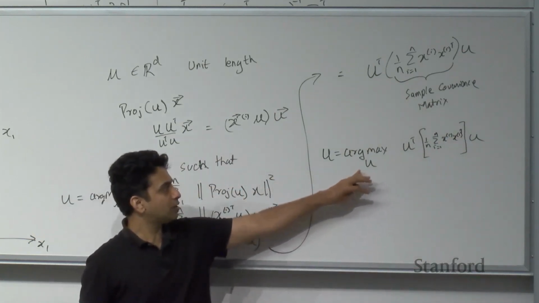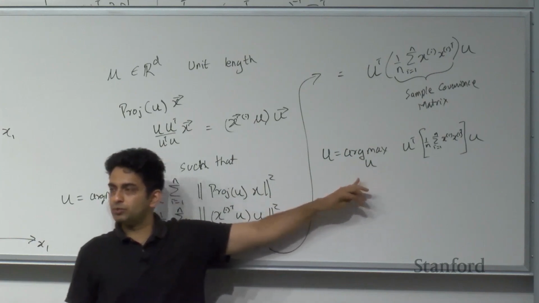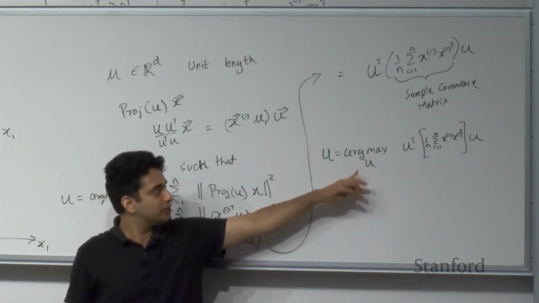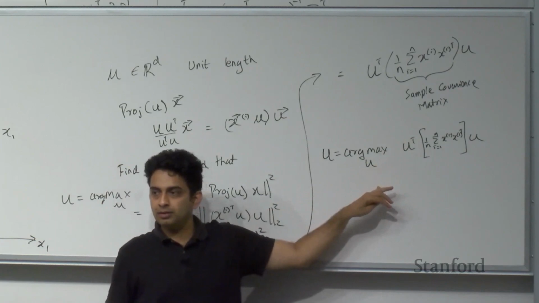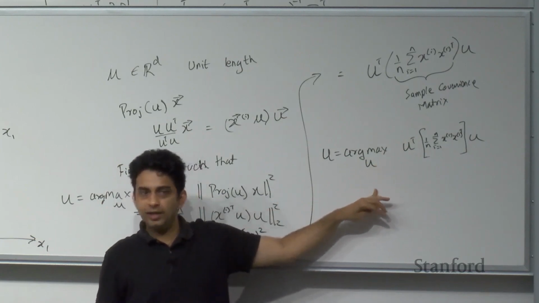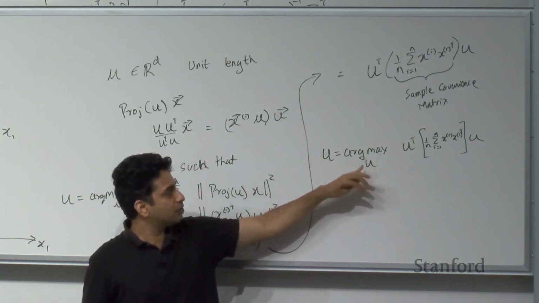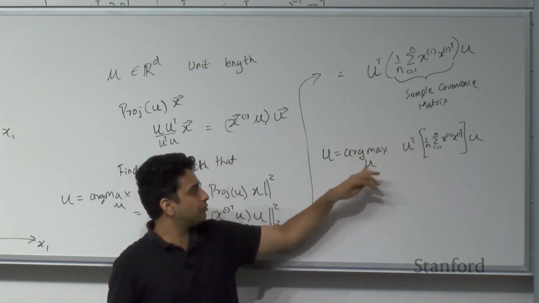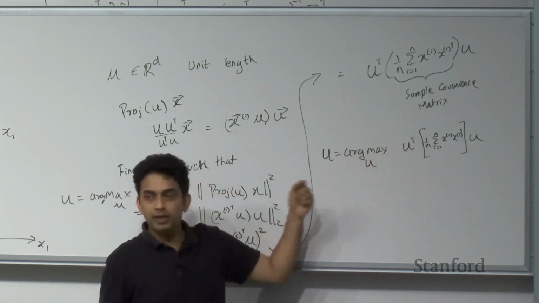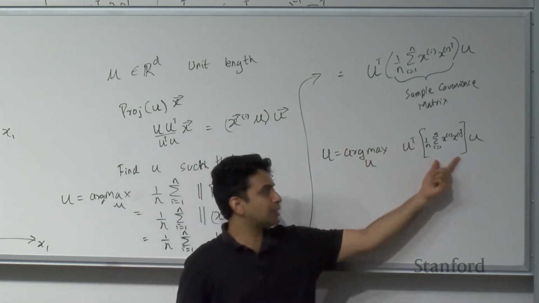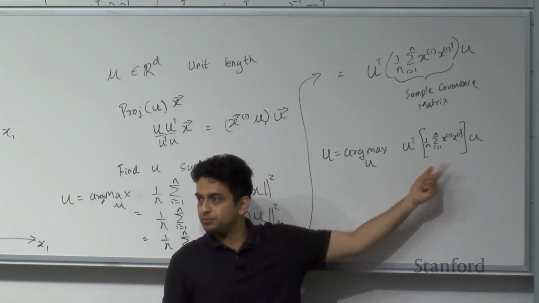Does anybody know what the solution for u is for this problem, where u is a vector? If you solve this, the solution u is the eigenvector corresponding to the largest eigenvalue of this matrix.